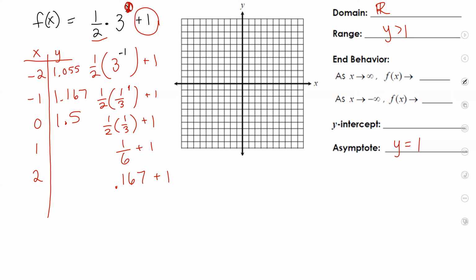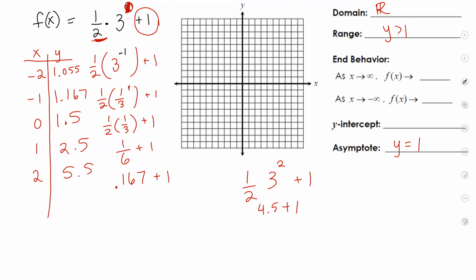What's 3 to the power of 1? 3. And what's half of 3? 1.5 plus 1 is 2.5. Okay, let's plug in a 2 this time. 3 squared is 9. And what's half of 9? 4.5 plus 1 is 5.5.